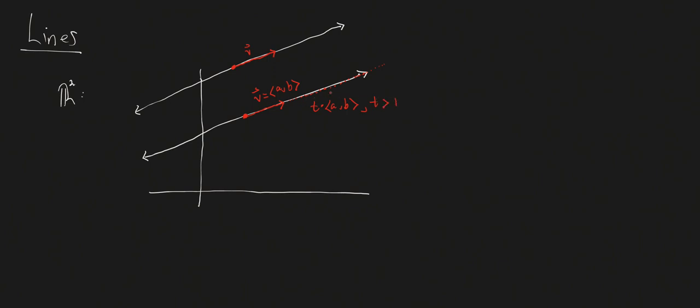Now let's say I wanted to generate the points in the shorter portion of the line. I would use the same expression, but with a value of t between 0 and 1, and let's include 0 and 1 there.